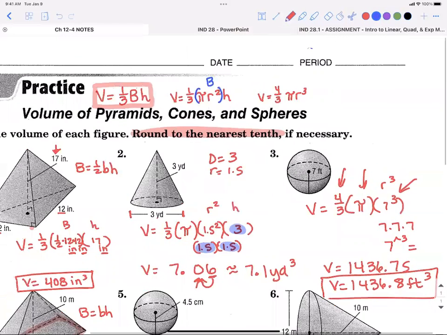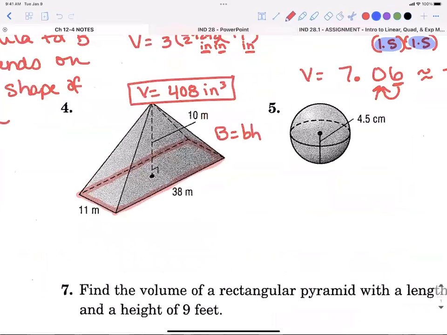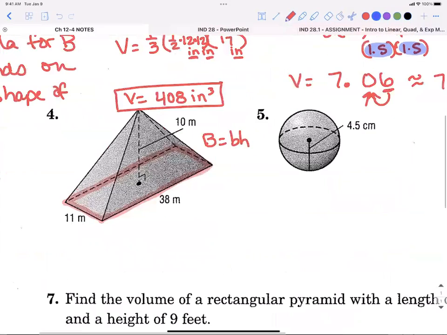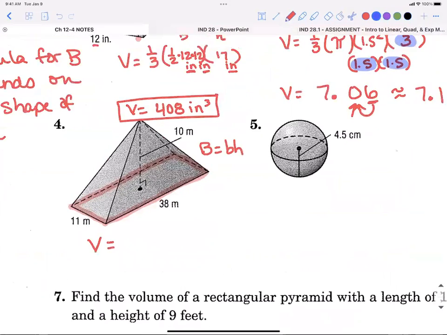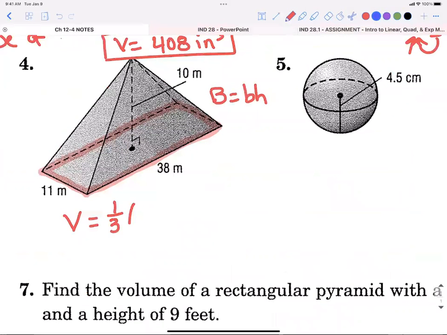Make sure you have these formulas written in your notes. You will need them. All right, last one we're going to do is number 4, and that's because it's a pyramid with a parallelogram as a base. So we're going to do volume equals 1/3 times capital B times H. Capital B is the area of the flat bottom of the pyramid.